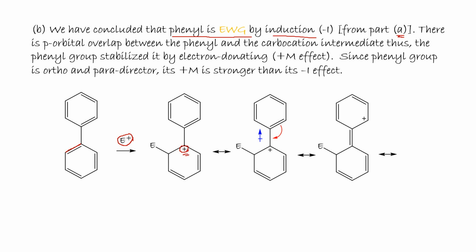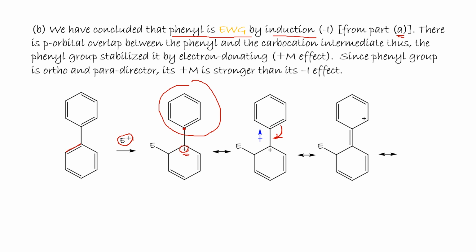The carbocation here is connected to the pi system of the other phenyl group, and this phenyl group will stabilize the carbocation by delocalization, what we call donation, via the mesomeric effect.